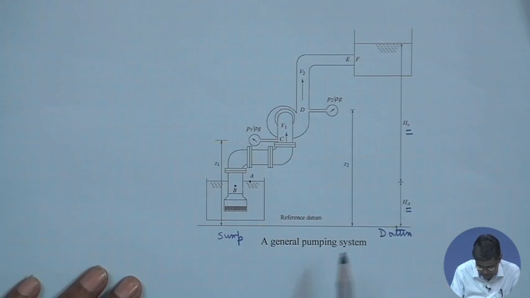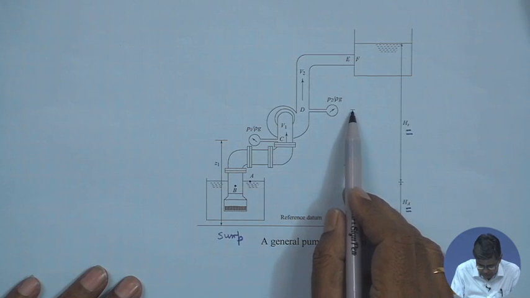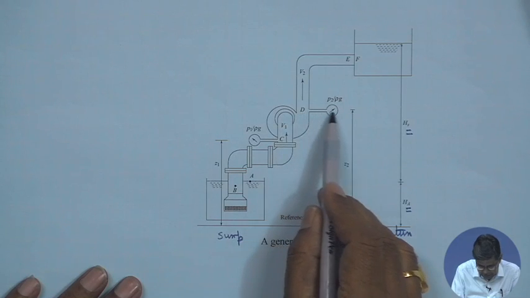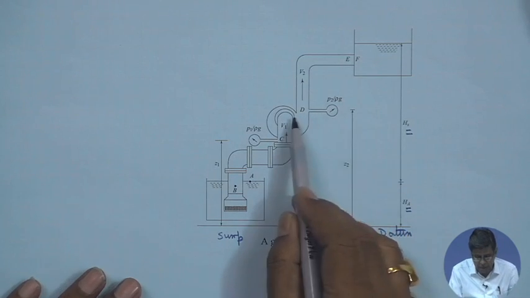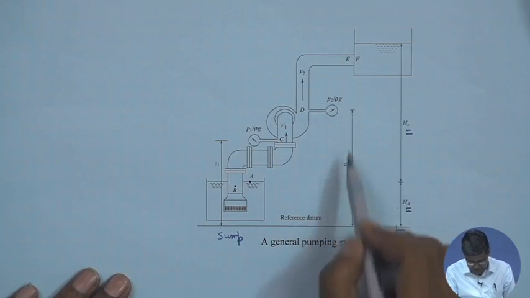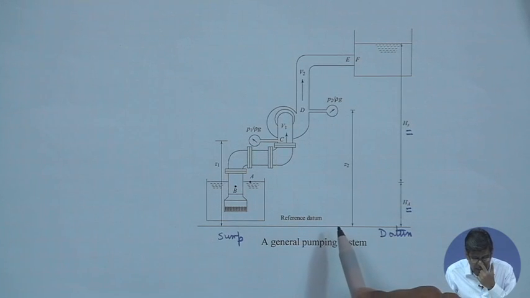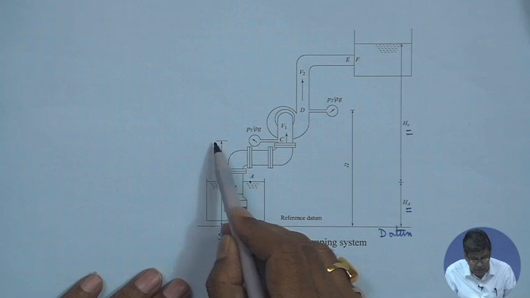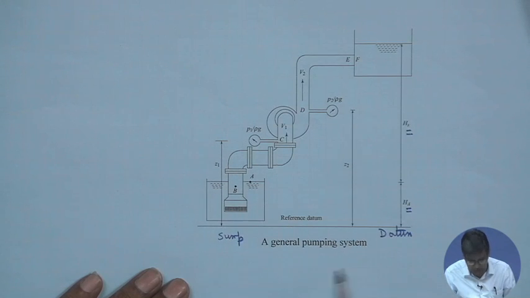These are the nomenclature. Z2 is the vertical distance, the elevation from the datum of the discharge plane. That means the discharge plane of the pump is at a vertical distance Z2 above the datum, and similarly the inlet to the pump, here just after the flange, is Z1 from the datum.